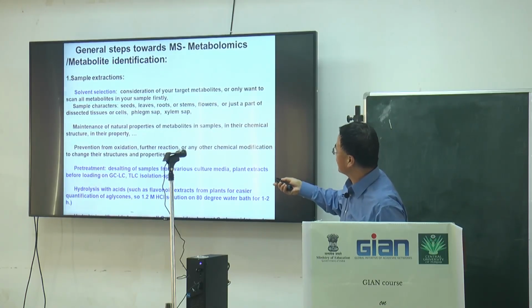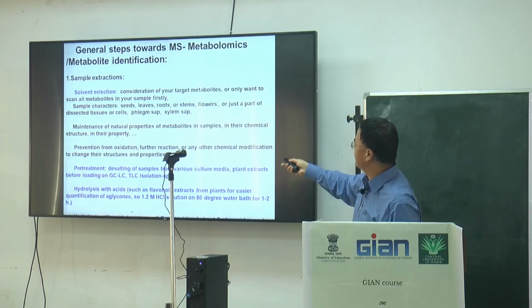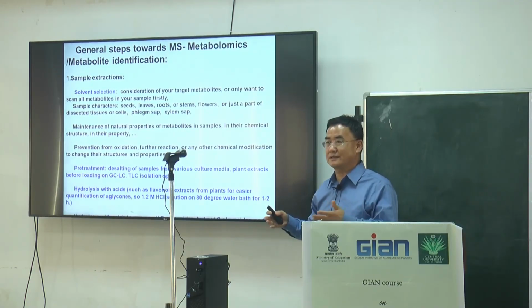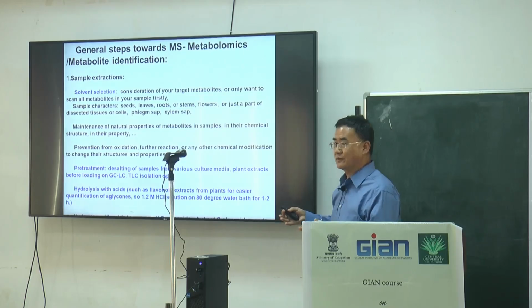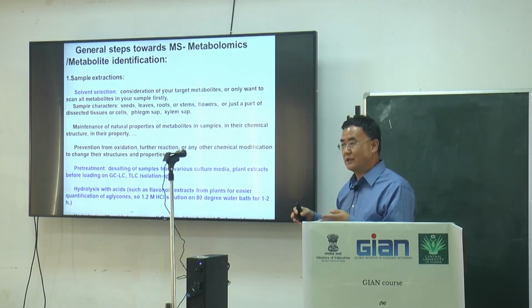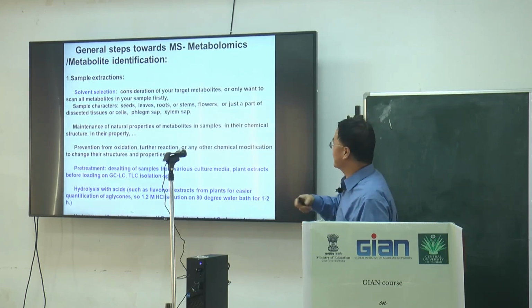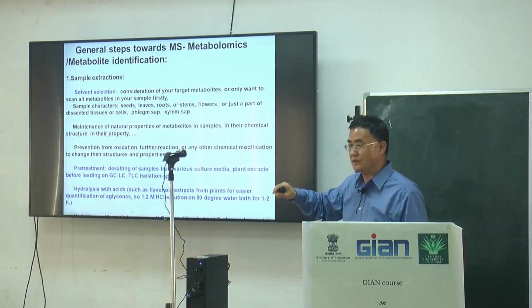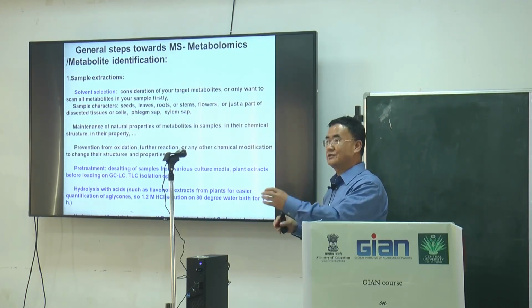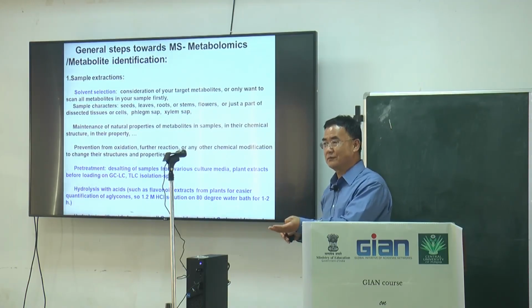And the sample character: seeds, leaves, roots are very different. You usually analyze fresh tissue, because in dry tissue many things have already changed. Those fresh tissues contain different amounts of water, so you have to consider that. The water more or less will affect your extraction because you use 80% methanol.